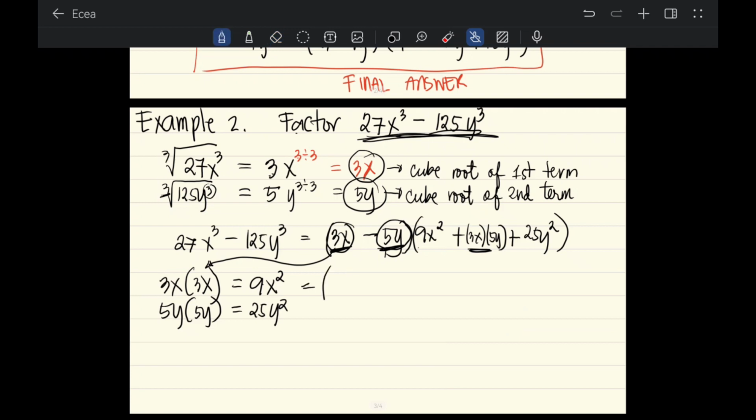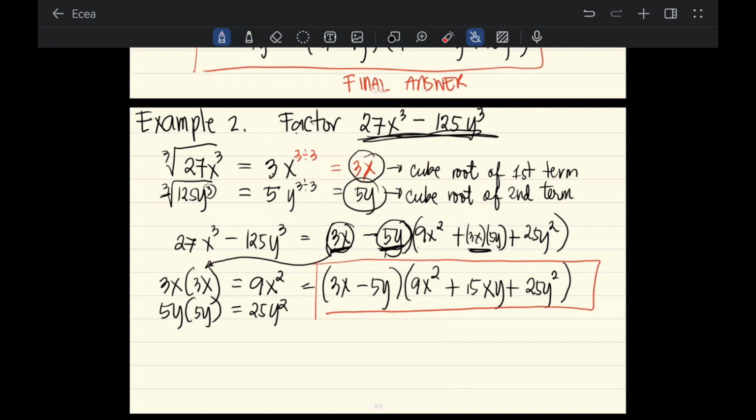So, our answer here is 3x minus 5y times 9x squared plus 3x times 5y, 3 times 5, that is 15. Multiply the variables, that is xy plus 25y squared. And this is now our final answer.